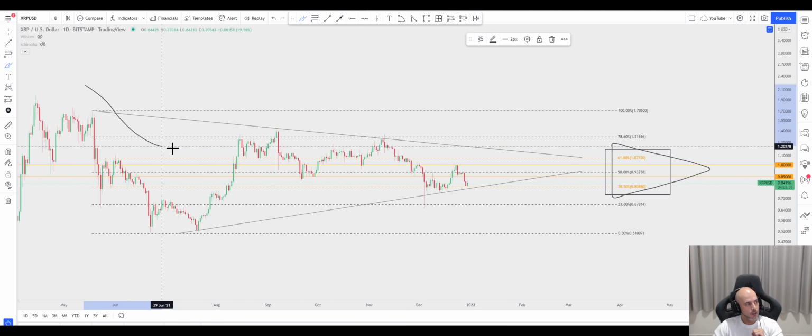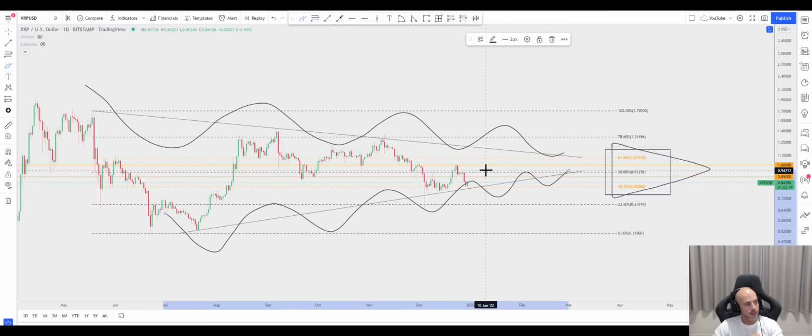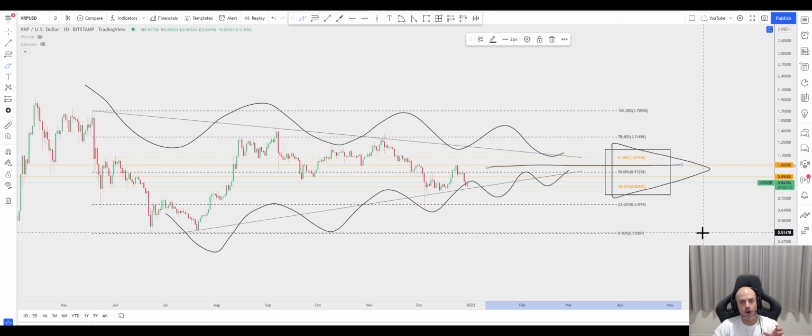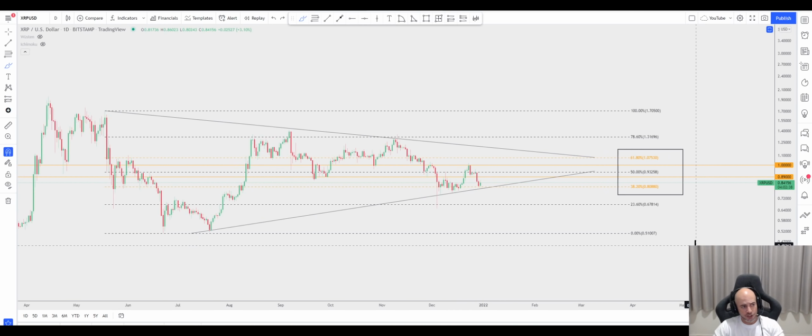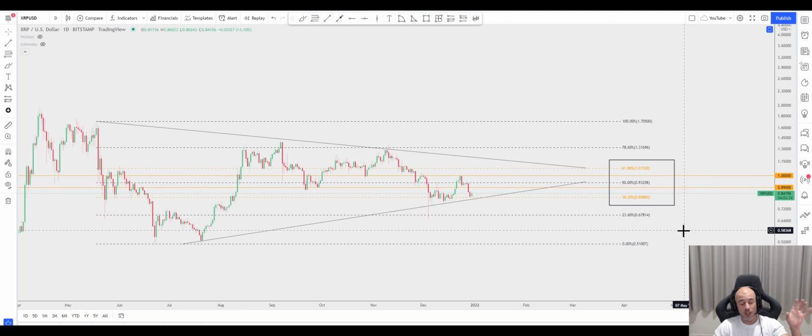You see? Then we start to contract. That leads us to when there is no space anymore, and then the trend will play out because professional traders and professional investors know what this means.